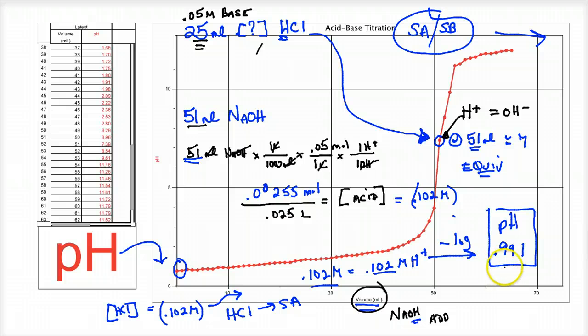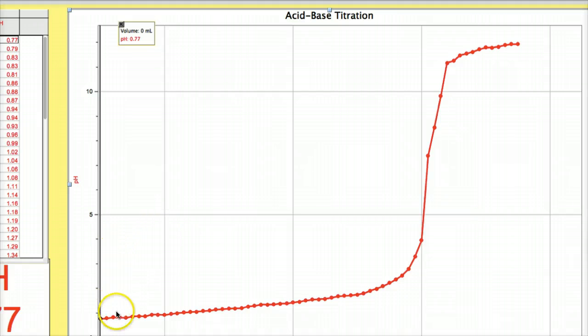All right, now what did we get on the actual one? So going back to the logger profile and still using the examine key, when there was 0 milliliters, the pH was 0.077. So certainly not the same value, and there could be many reasons for that. I calibrated the pH probes, but only with 1 point calibration, so that could be the difference.